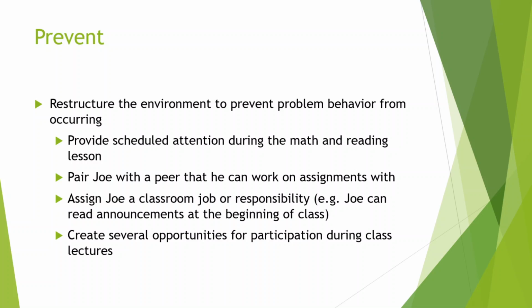So sometimes if a lecture is just a lot of teacher direct instruction and the teacher is just talking for a very long period of time during the lesson, that can sometimes create times when Joe may engage in negative behaviors. So incorporating plenty of opportunities where students can participate and engage with the lesson may help reduce some of his negative attention-seeking behavior.